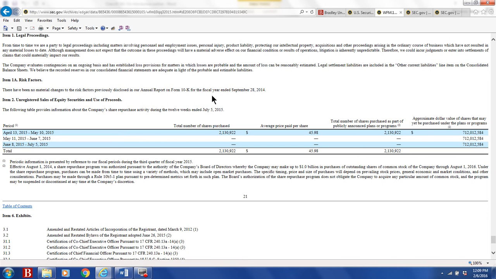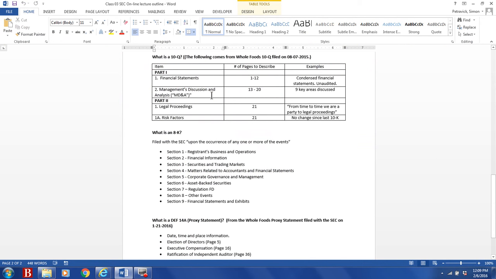So once again, remember when we looked at the previous annual report, there were a variety of items that were discussed because those could affect the operation of the company. So basically what you're getting with the 10Q is a smaller version of the annual report providing both financial information and management's analysis of that.